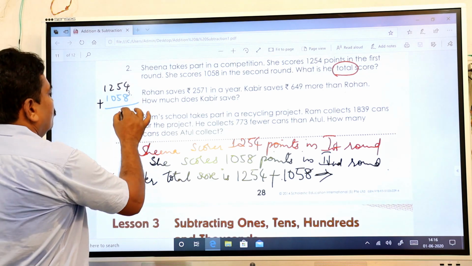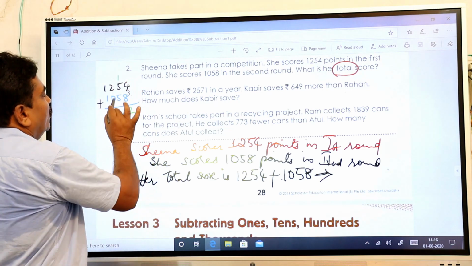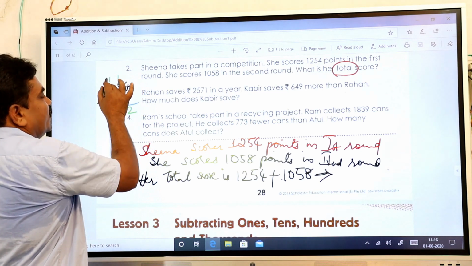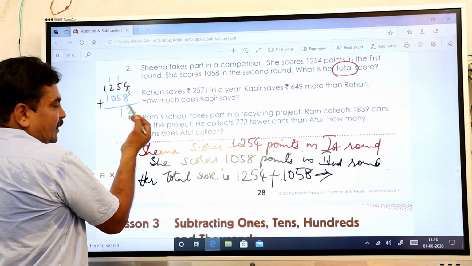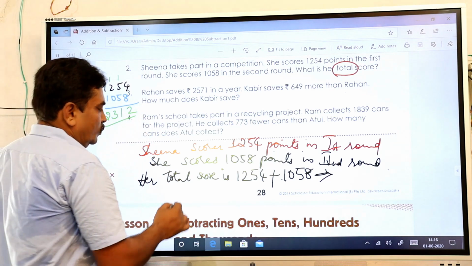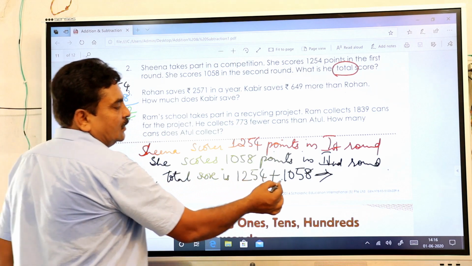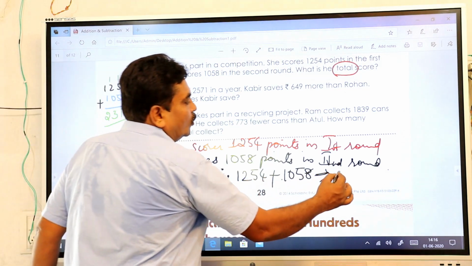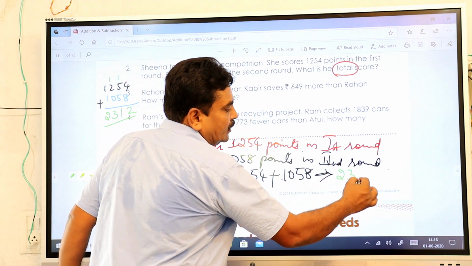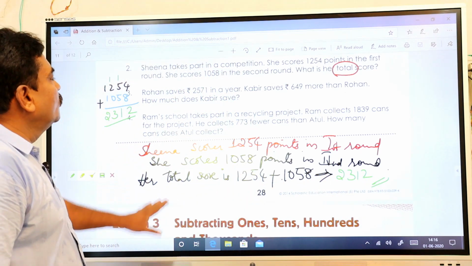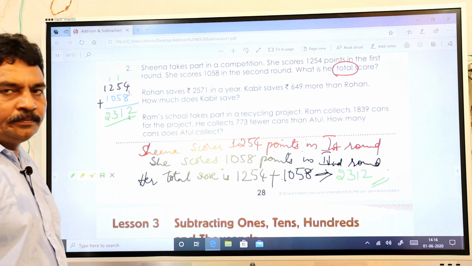So 2, 5 plus 5 is 10, 10 plus 1 is 11, 2 plus 1 is 3, 3 plus 0 is 3 only, 1 plus 1 is 2. So her total score is this. How much did you get? 2312. So 2312 is your answer. In this way you are going to do.